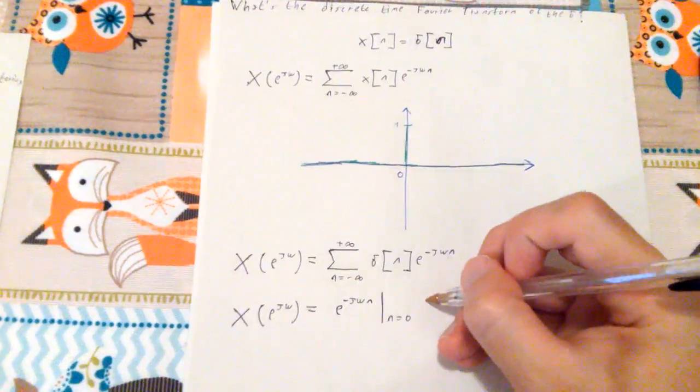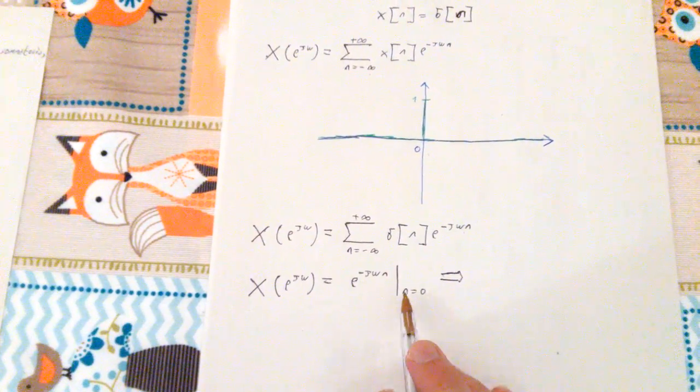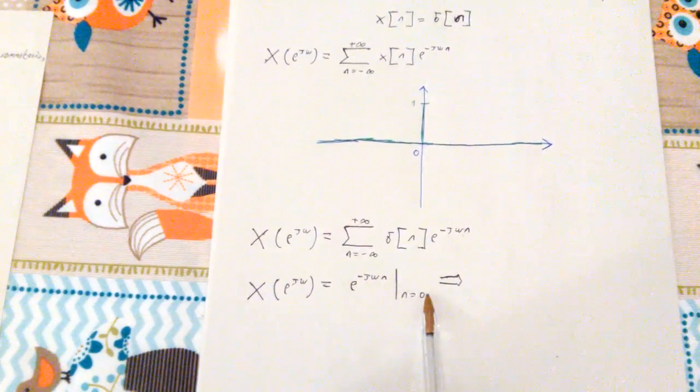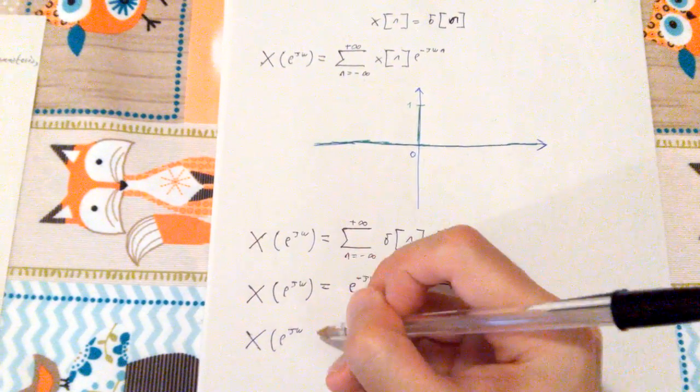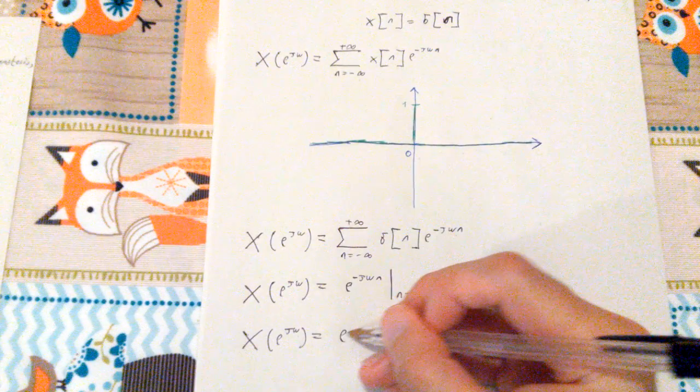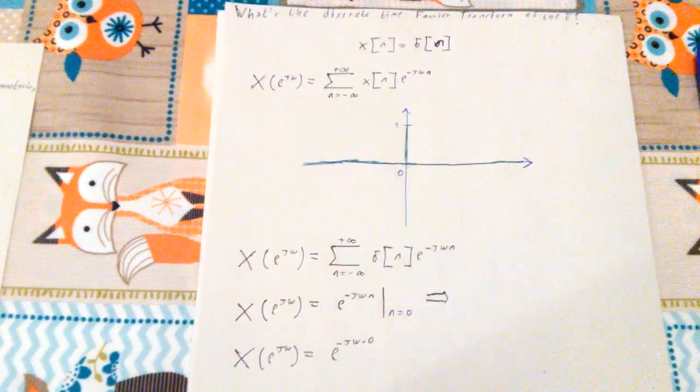And this is a piece of cake because right now we just have to substitute n with 0. So we get X of e to the j omega equal to e to the negative j omega times 0.